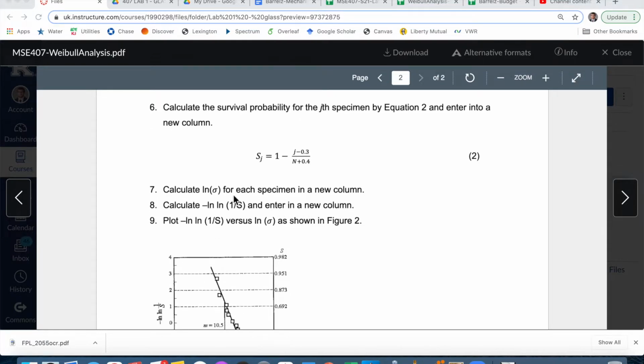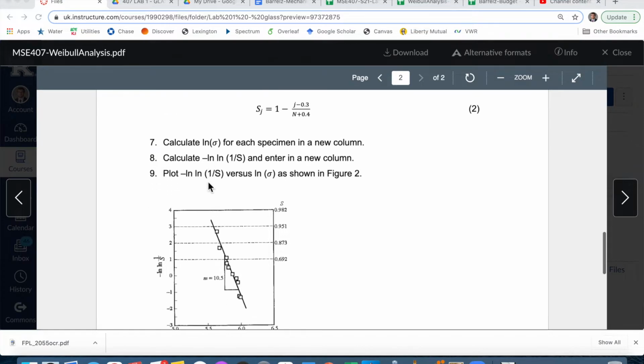Then we're going to calculate the natural log of the flexural stress in a new column, followed by the negative natural log of 1 over the survival probability. Again, these 2 should look familiar.